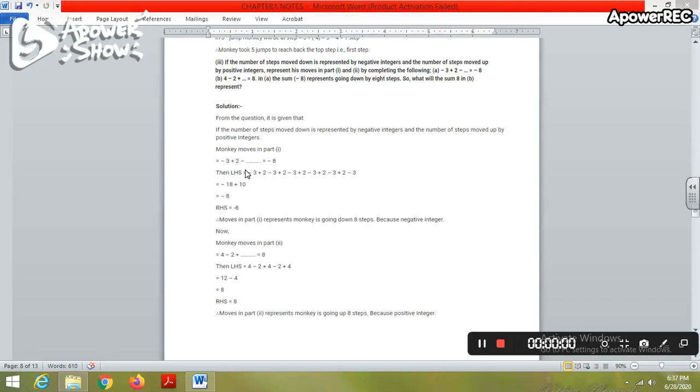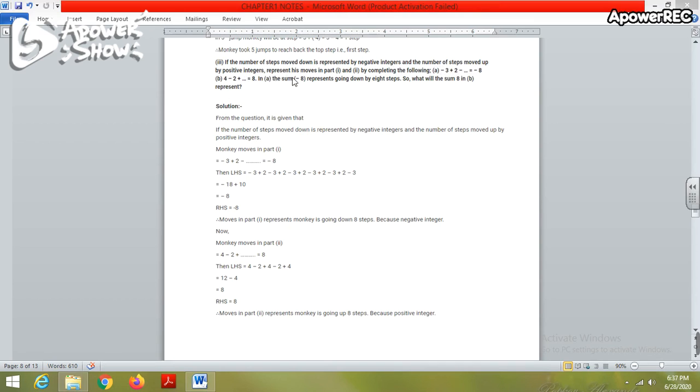Now the third part of question number 10. If the number of steps moved down is represented by negative integers, and the number of steps moved up by positive integers, represent his moves in parts 1 and 2 by completing the following.